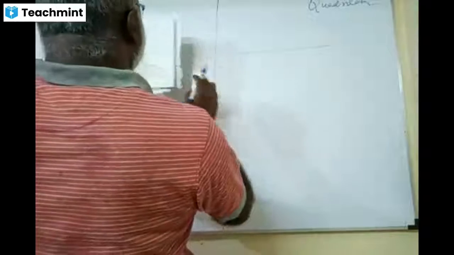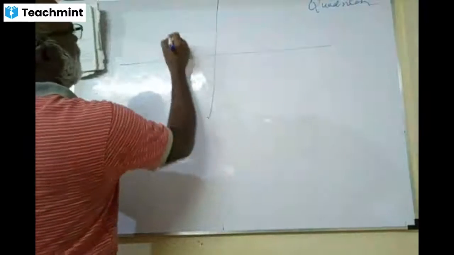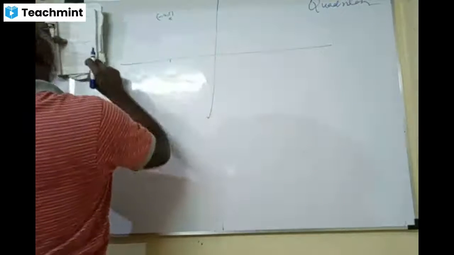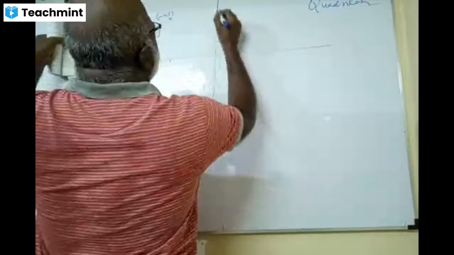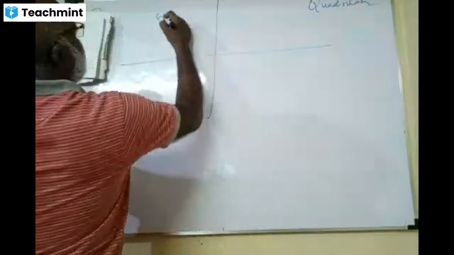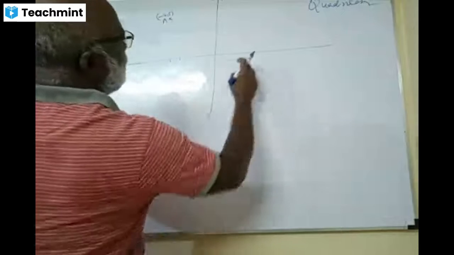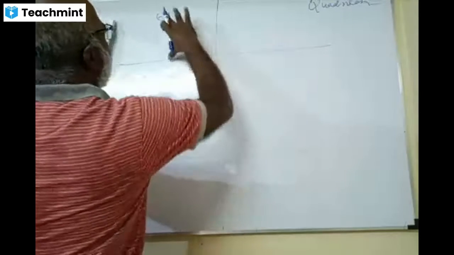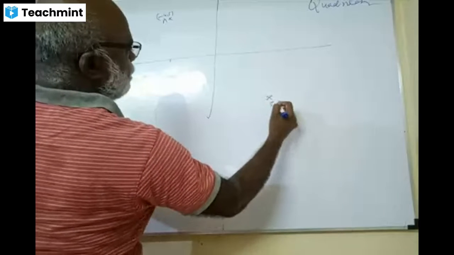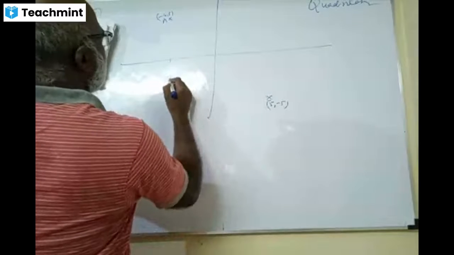Draw a quadrilateral in the Cartesian plane whose vertices are (-4, 5), (0, 7), and call them A, B and so on. Then (5, -5), and lastly (-4, 2). Minus 4 comma 2.